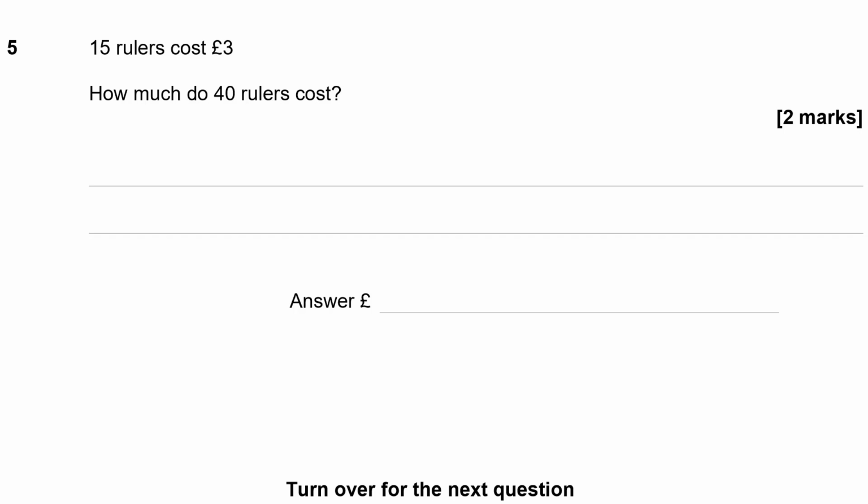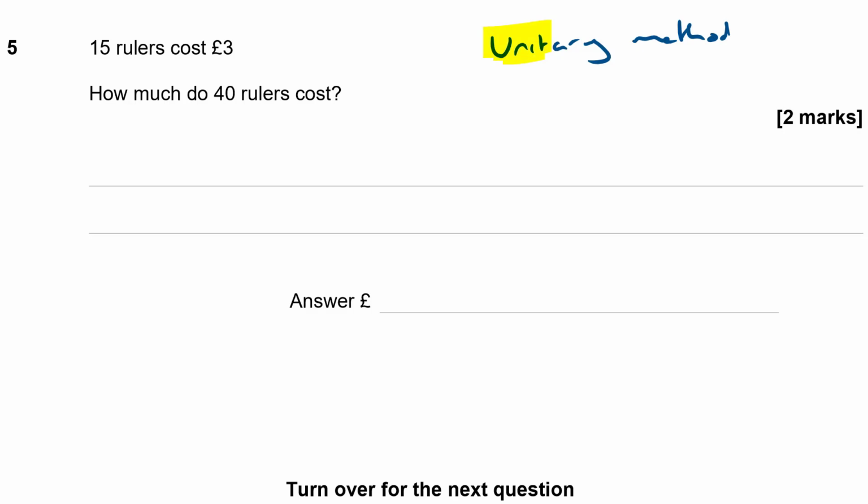Question 5. 15 rulers cost £3. How much do 40 rulers cost? Now, this particular question lends itself to a method known as the Unitary method, which is a ratio approach. The Unitary method is called that because it goes via 1. A unit means 1.